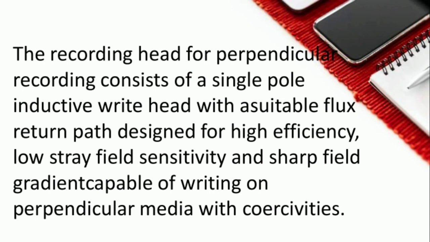The recording head for perpendicular recording consists of a single pole inductive write head with a suitable flux return path, designed for high efficiency, low stray field sensitivity, and sharp field gradient, capable of writing on perpendicular media with high coercivities.